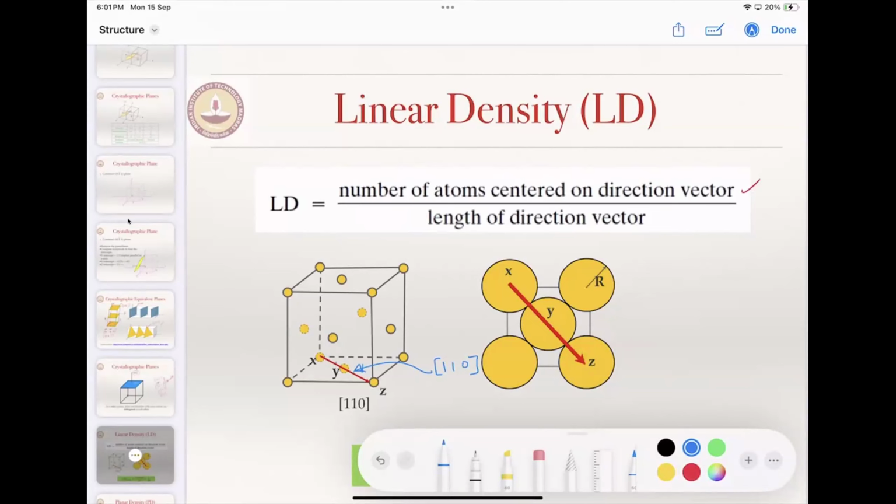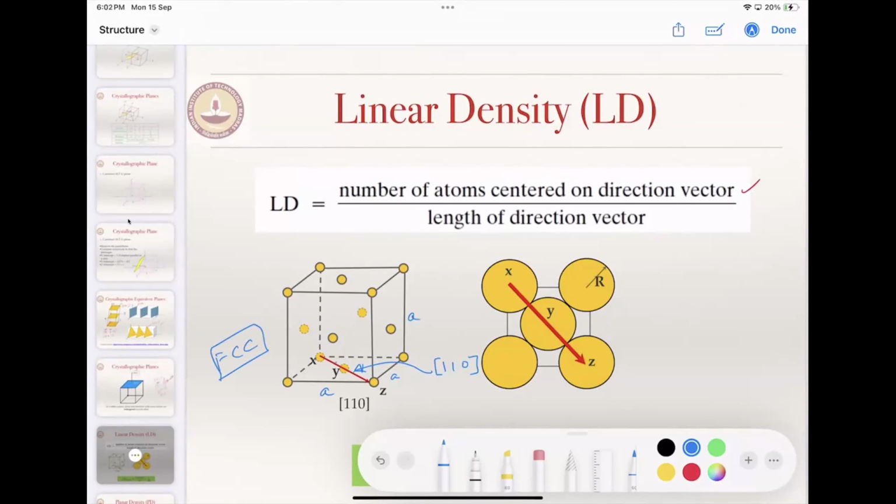Now, along that direction, we define linear density, meaning how many atoms effectively are centered on the direction vector divided by the length of the direction vector. If it is a cubic crystal, we know that this is equal to a and a. What type of unit cell is this? FCC, face-centered cubic cell, right?